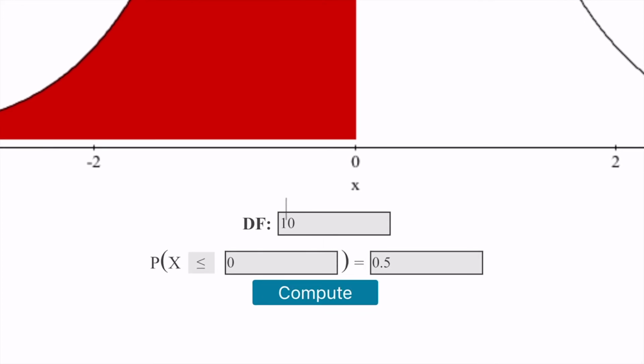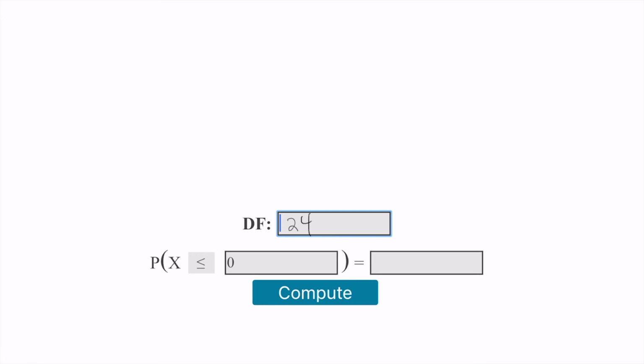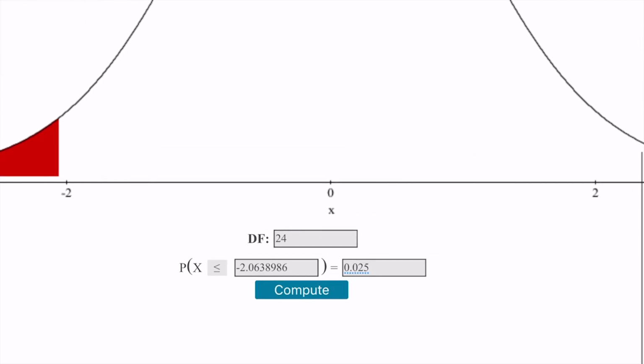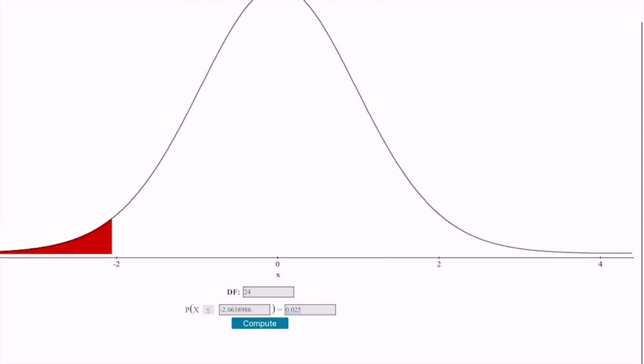We just need these values. Our degrees of freedom is 25 minus 1, or 24. And our area to the left is 0.025. So we compute, and we get a negative 2.06. Notice before when we did this, we got a negative 1.96. That's because the degrees of freedom is less in this example. Okay, so negative 2.06.